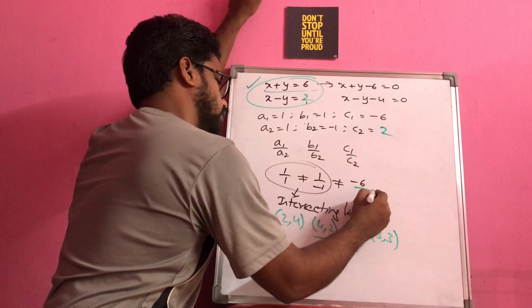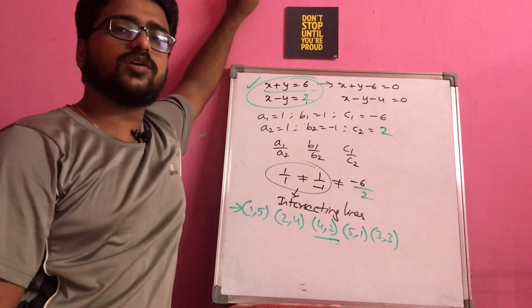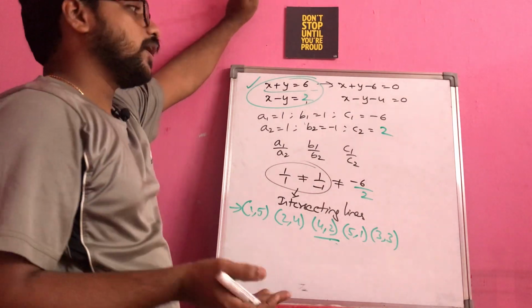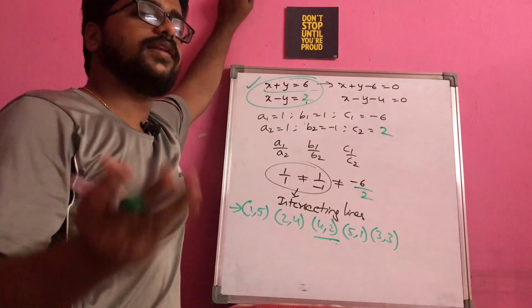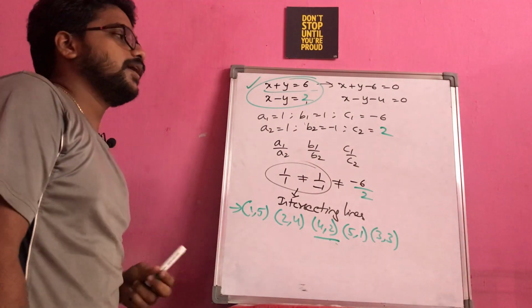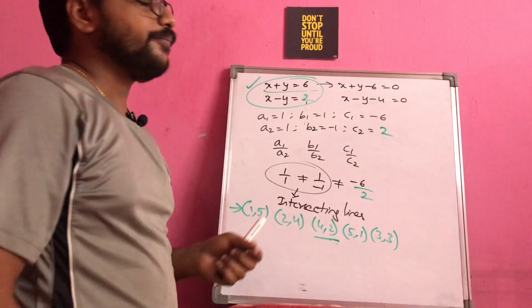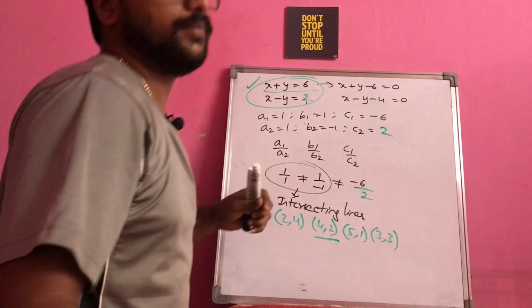So 4 plus 2 is 6 and 4 minus 2 is also equal to 2. Later we will learn the different types of methods that we have, and then accordingly we will check it. Now this is what we do mathematically.